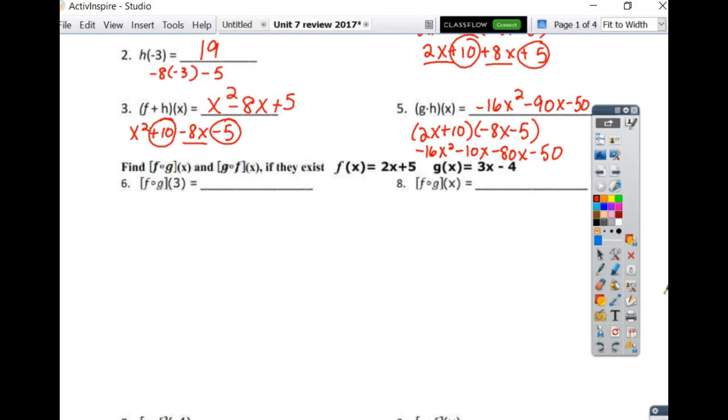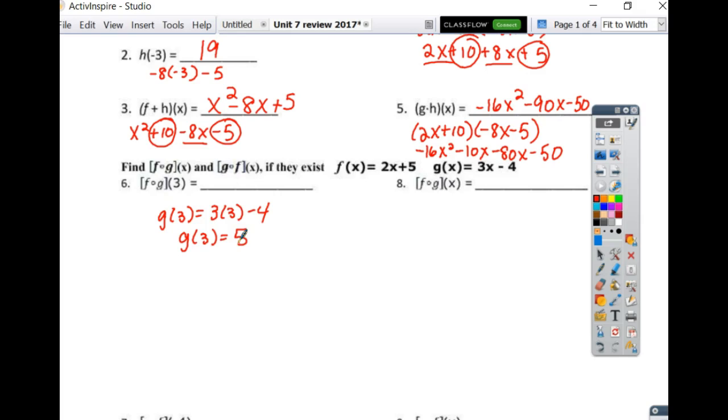It says find f of g of 3. So first of all, you do g of 3. What is g of 3? So you get 9 minus 4, which is 5.